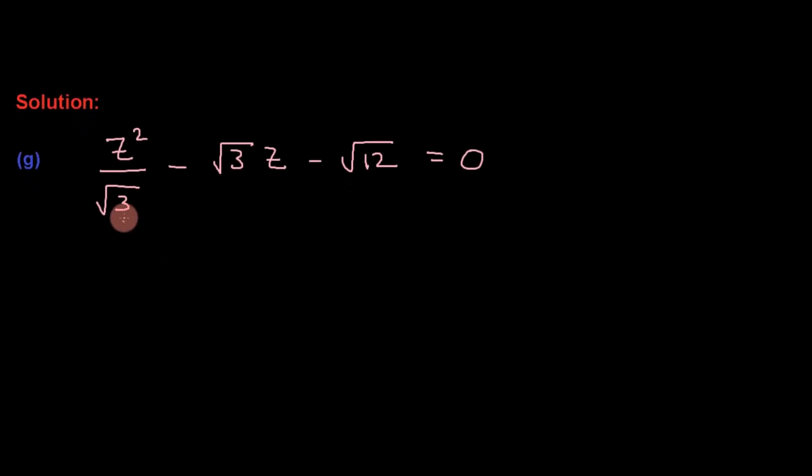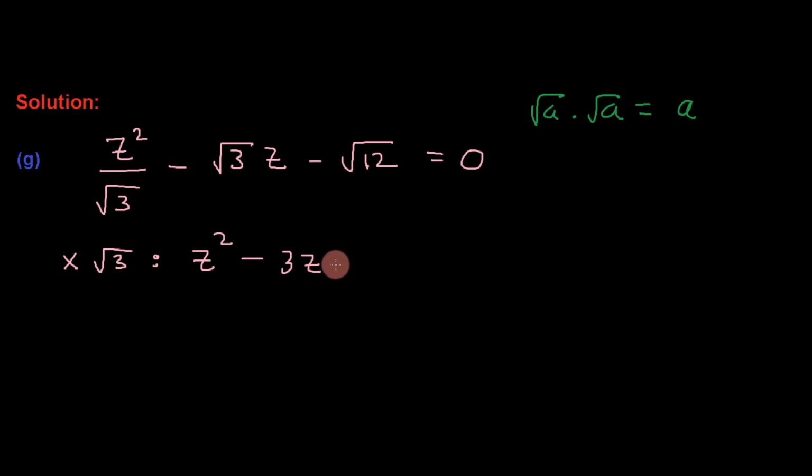Once again, we can multiply through by the square root of 3 to get rid of the fraction over here. So it's z squared minus, now the square root of a times the square root of a, of course, is a. This is using the laws of surds. So the square root of 3 times the square root of 3 is just 3.